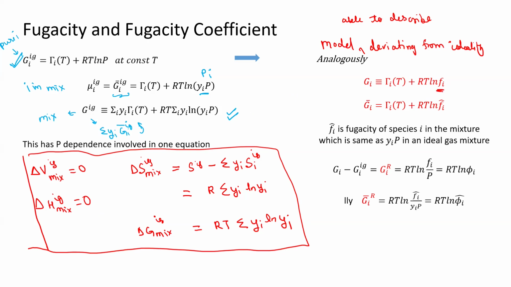This will be ln f_i now here, at constant temperature, right? And this is for the pure species. And this is i in mixture. Okay. And again, you know how this M is equal to sigma x_i M_i bar. This you know, right? x_i or y_i for gases.